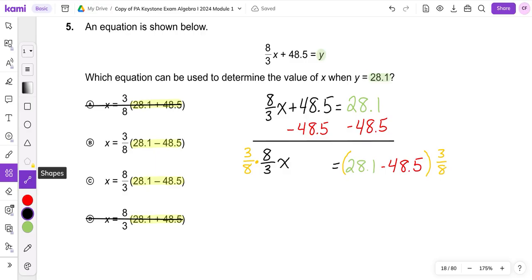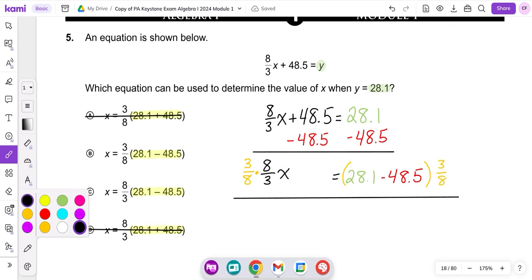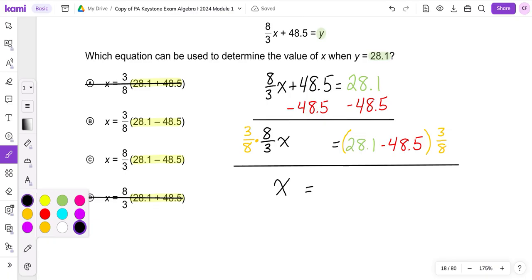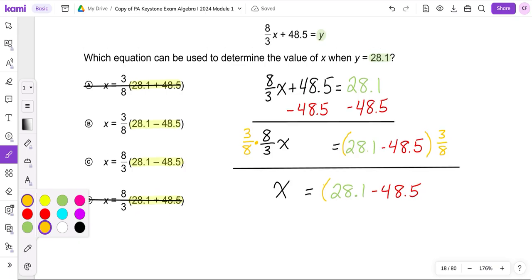So then what I get as a final answer is this. X equals our 28.1 minus the 48.5, all being multiplied by 3/8.